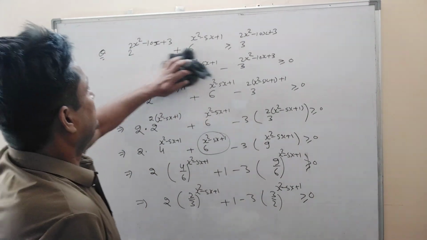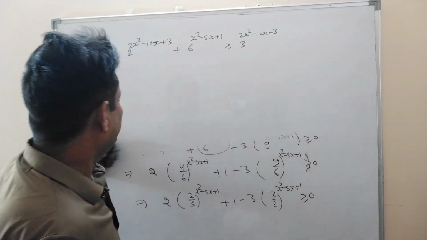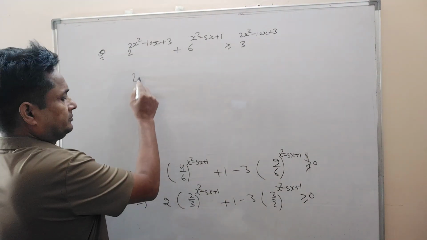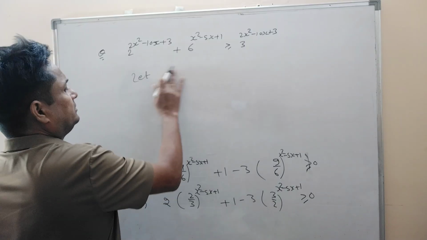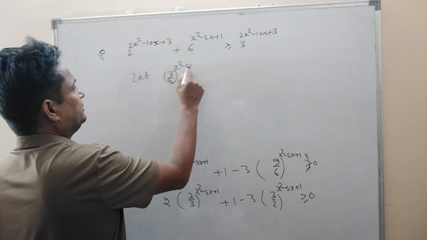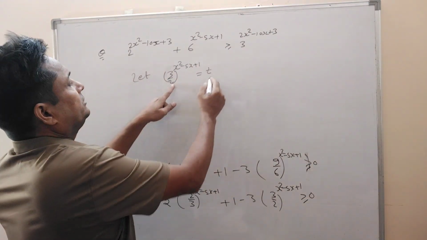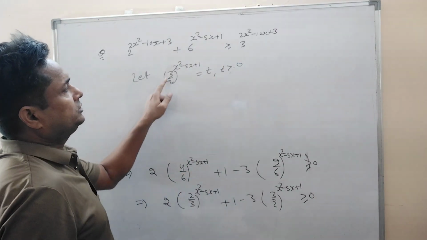So now you can simplify. Substitute here. Note down this one: 3 by 2 to the power x square minus 5x plus 1 is equal to t. And t is a positive number, because the base is positive.